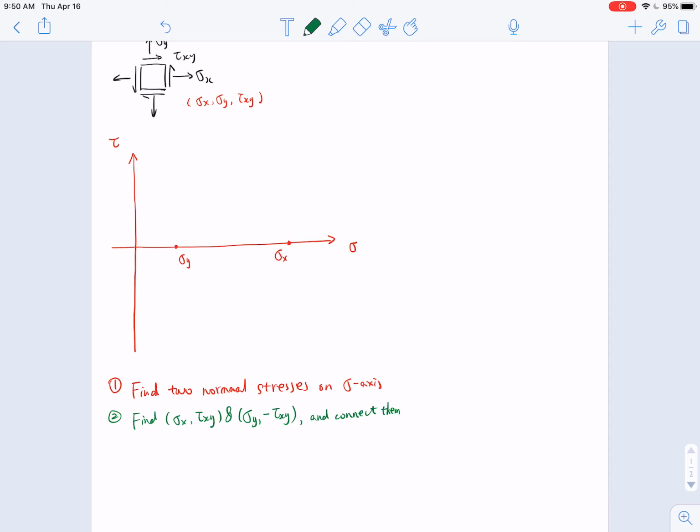So let's find the sigma x, tau xy first. You just start from the sigma x, tau xy. Here is the point sigma x, tau xy. And here is your point sigma y, negative tau xy.